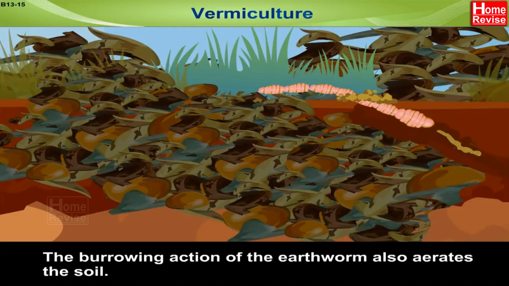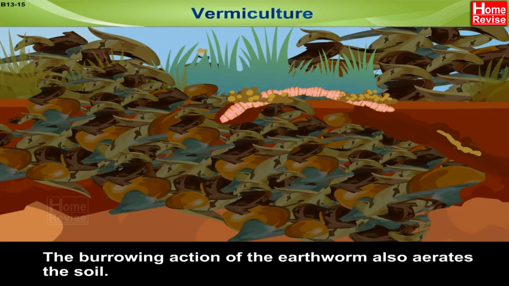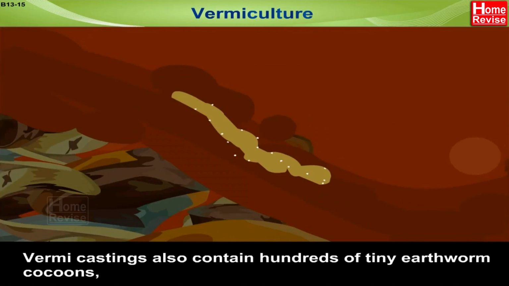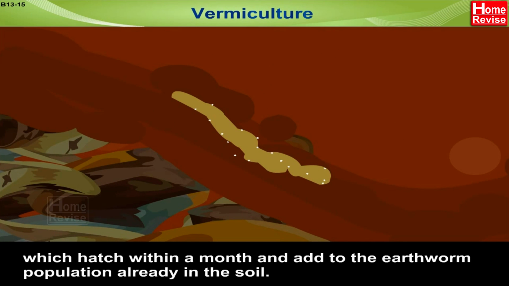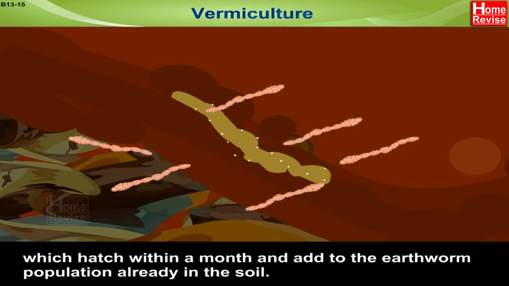The burrowing action of the earthworm also aerates the soil. Vermicastings also contain hundreds of tiny earthworm cocoons which hatch within a month and add to the earthworm population already in the soil. Importance of vermiculture.